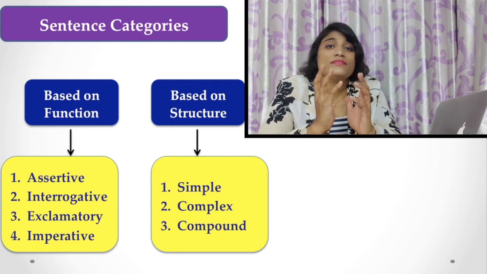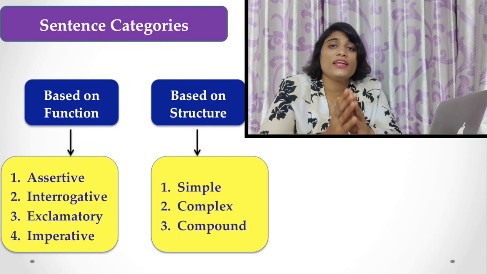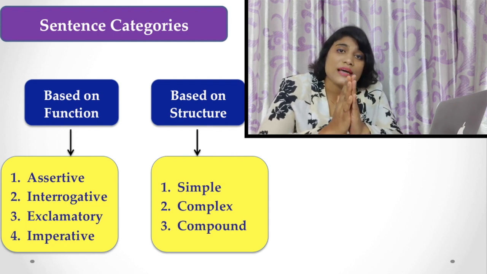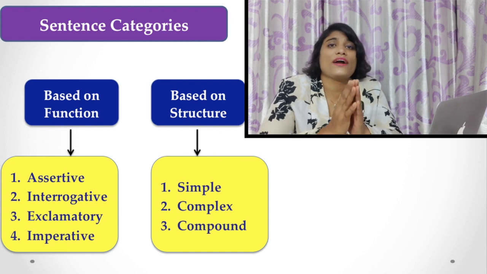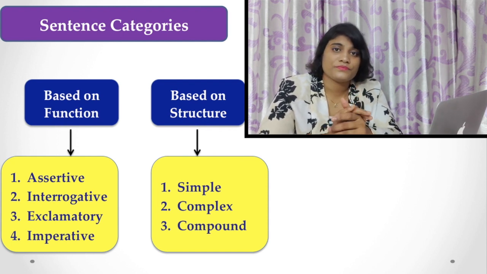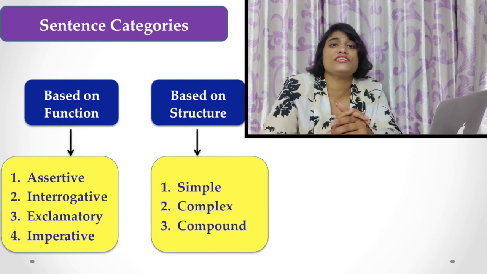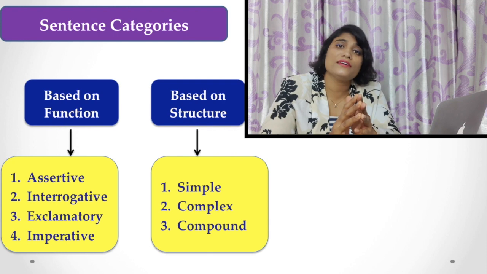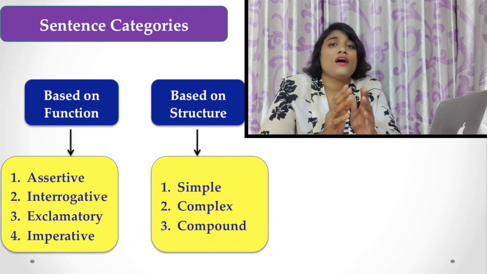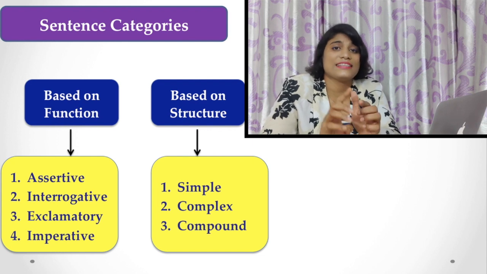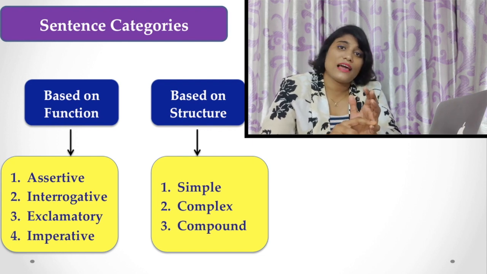So when we are talking about sentence category, we can subcategorize sentences according to function and according to structure. The functional division is that we can divide English sentences into 4 subcategories regarding their function, that is assertive, interrogative, imperative and exclamatory.